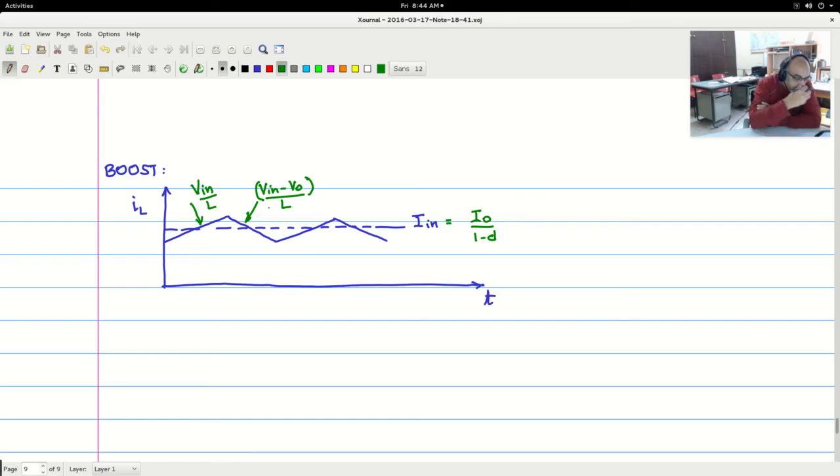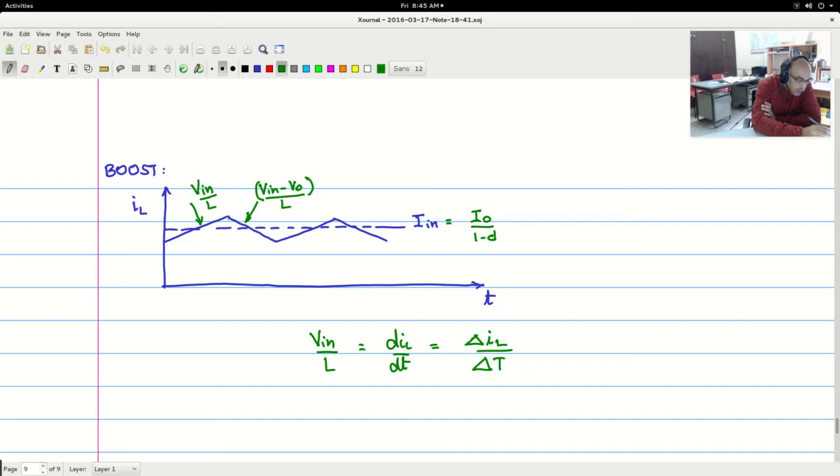So you could use either of those slopes to evaluate the value of L. Vin by L, the rising slope here, has one variable, so we could use that. So you will say Vin by L is nothing but dIL by dt, and as the waveshapes are linear, they are straight lines, we will approximate it as delta IL by delta t.